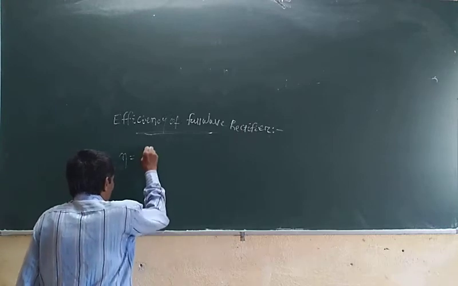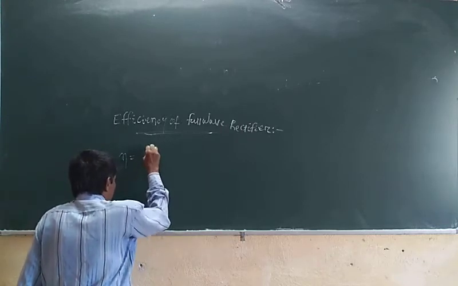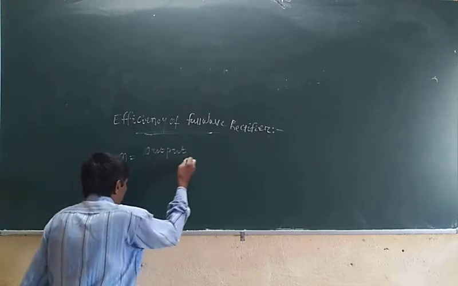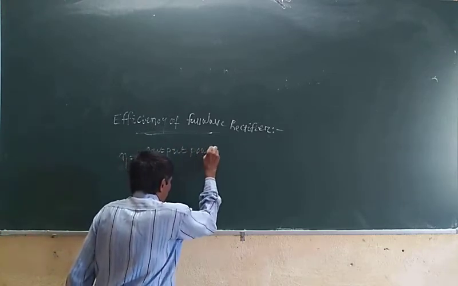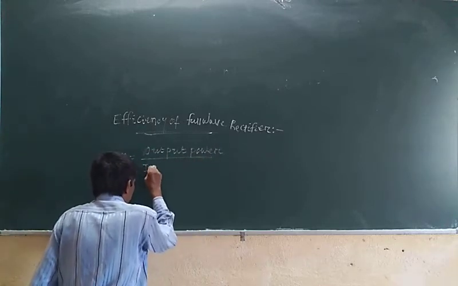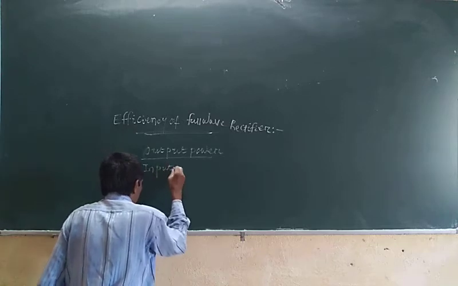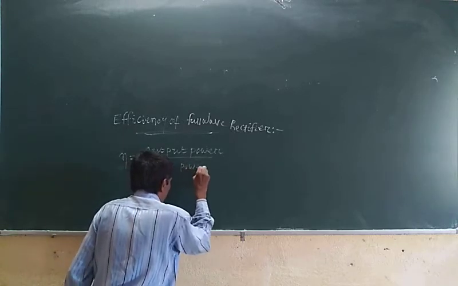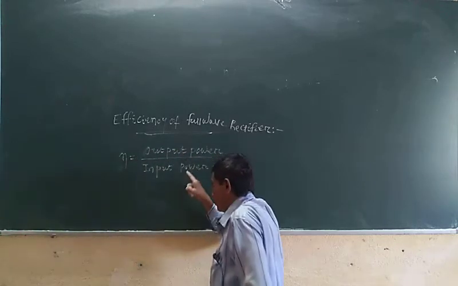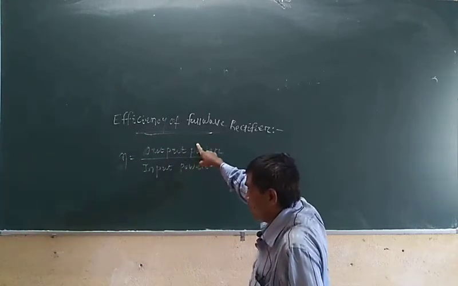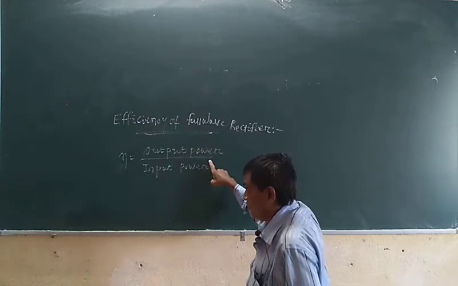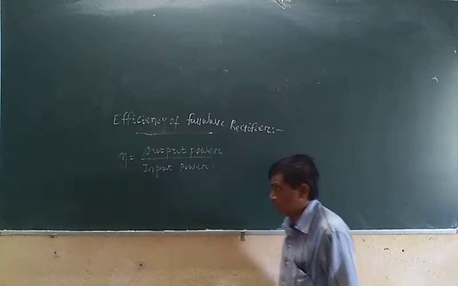Now eta equals output power divided by input power. So the ratio of output power to input power of a full wave rectifier is also known as efficiency.